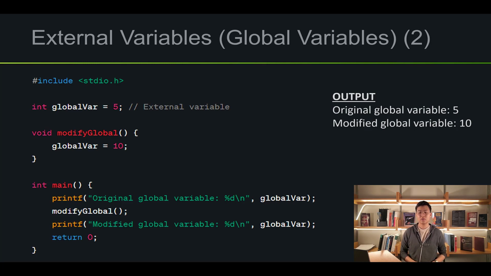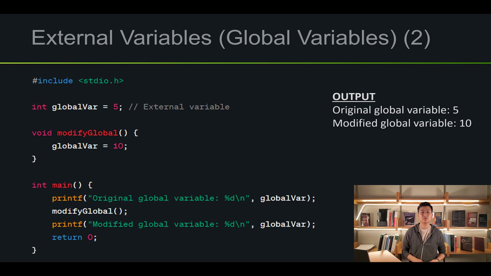I'm printing out global_var before we modify it, and after we modify it, I'm printing global_var again. If you look at the output, the original global variable is 5, and after the modification, it says that the global variable is now 10. This is a really small example of what an external variable does.